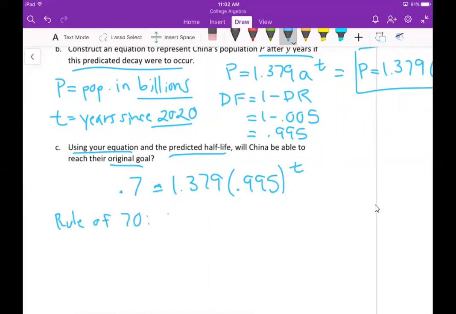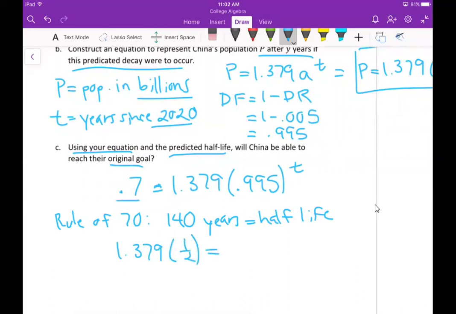The rule of 70 said 140 years equaled the half-life. Well, then that would mean that we take 1.379 times a half in 140 years. So let's see how close this answer is to the output that we want. It'll give us a T value to kind of start with. That rule of 70 is helpful in helping us make an educated guess for our exponent.